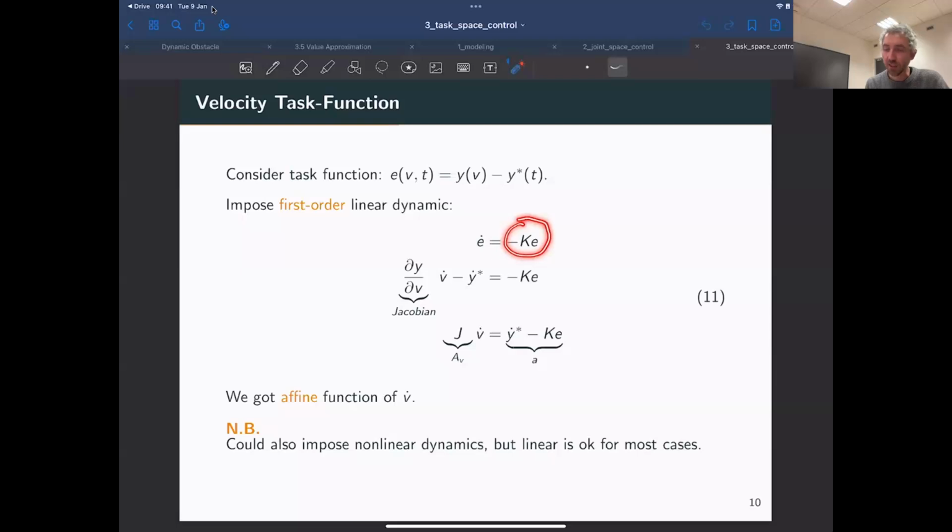Instead of having minus KE, here I could have whatever function of the error E. So I could add saturations, I could have a polynomial feedback controller. It wouldn't change anything. What's important is that I have a linear dependency on V dot. The dependency on E can be even nonlinear.